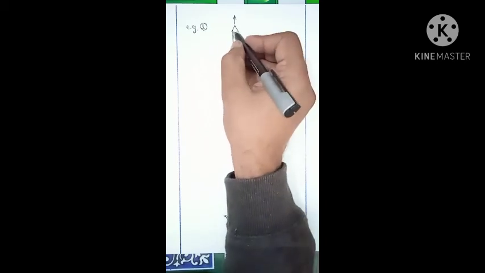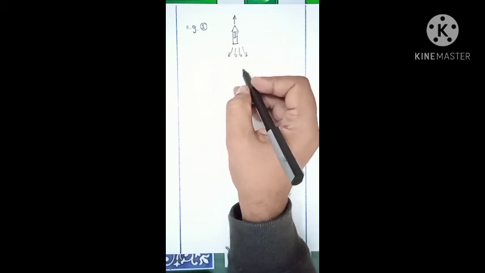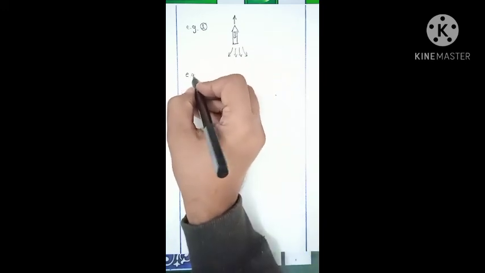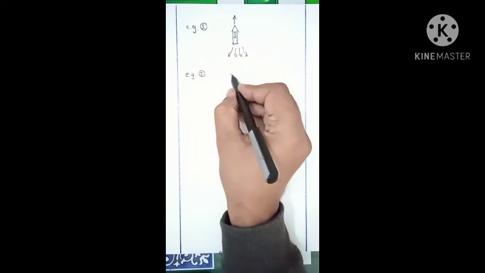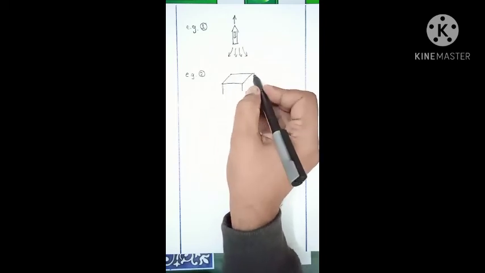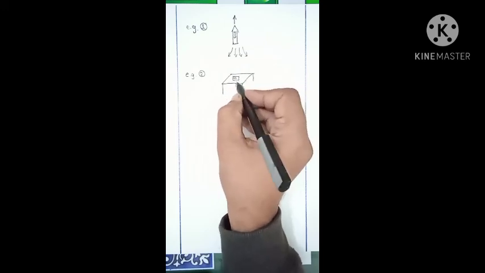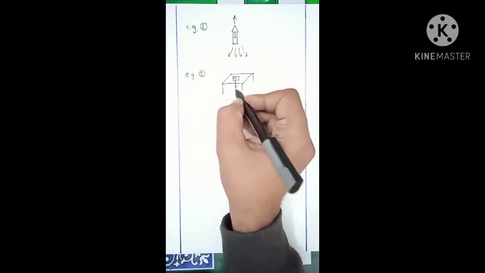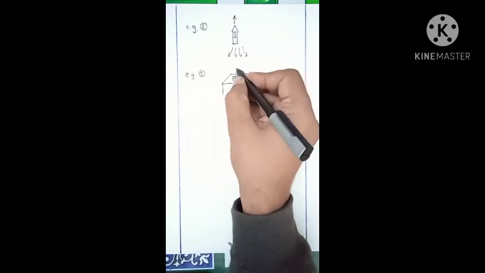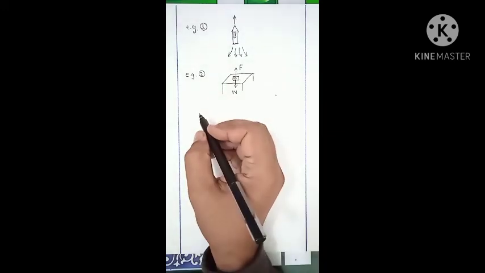So this is an example of action and reaction. Example number 2, a book lying on a table is also an example of Newton's third law. Weight is acting in the downward direction, whereas the normal force is acting in the upward direction.